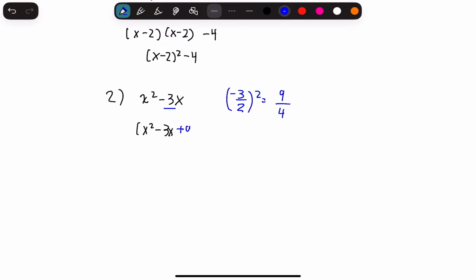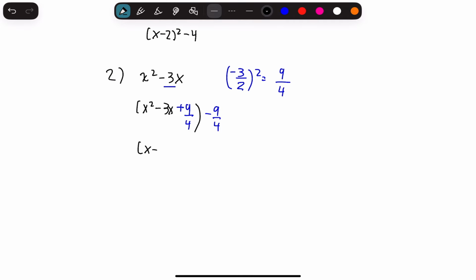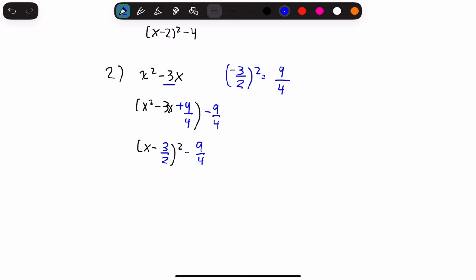You have to add 9 over 4, but you also have to subtract the 9 over 4. And now you have x minus 3 over 2 squared minus the 9 over 4 after you factor that.